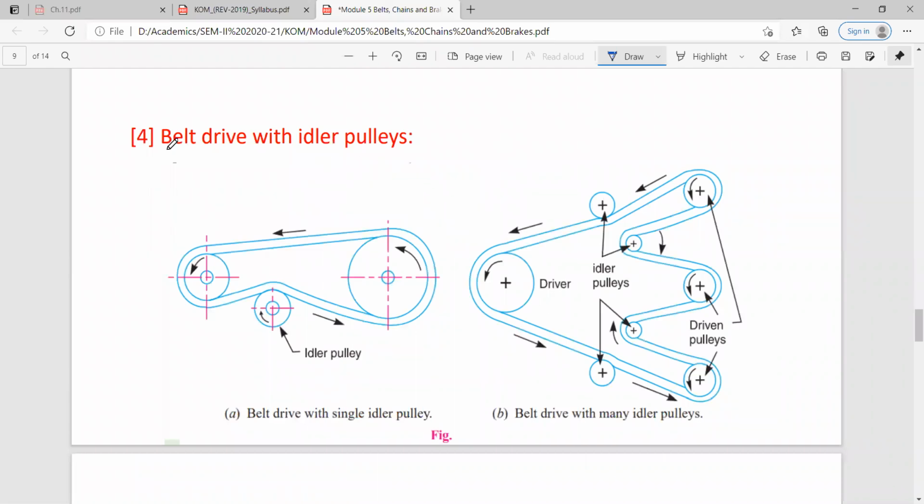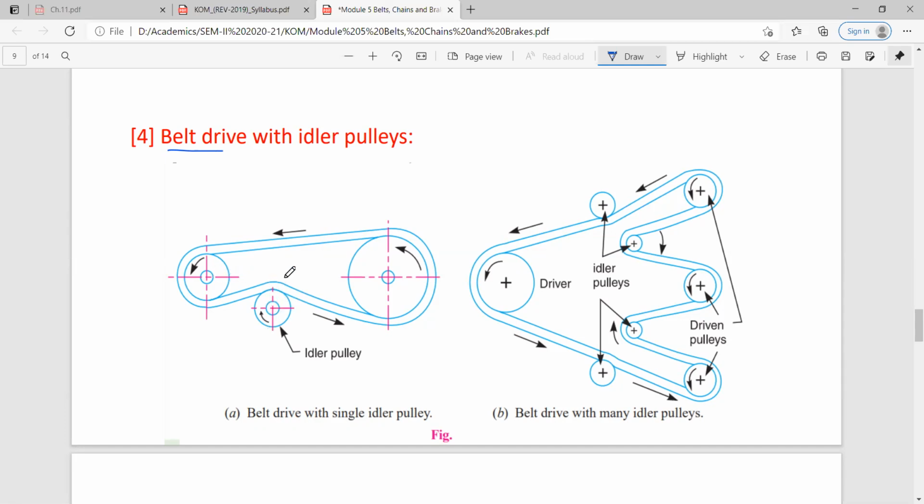Okay, next is belt drive with idler pulleys. So you can see that in addition to driving and driven pulleys, idler pulleys are also used. So what are the functions of these idler pulleys? One can see that it is supporting the belt.